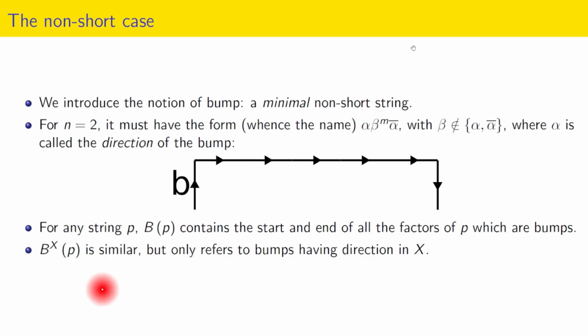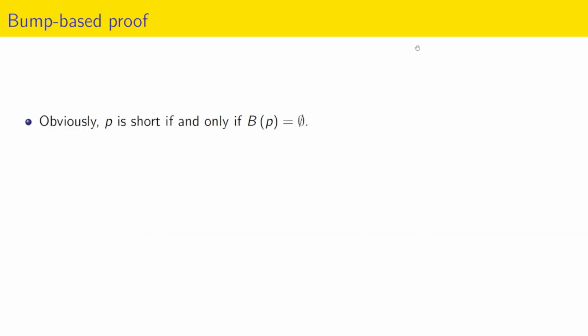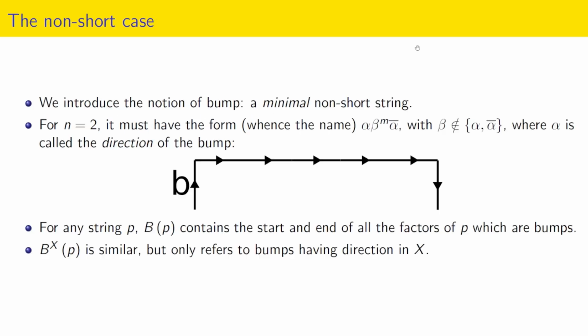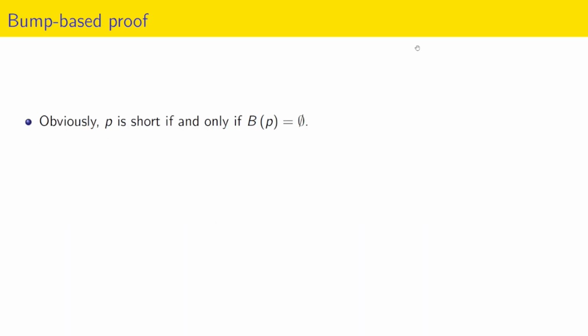And similarly, we can restrict this definition by only putting in the set bumps having some particular directions. This is just a definition which will be useful in what follows. Okay, why is this important or interesting? Well, because it's useful to reduce from the non-short case to the short case for which we have a proof.